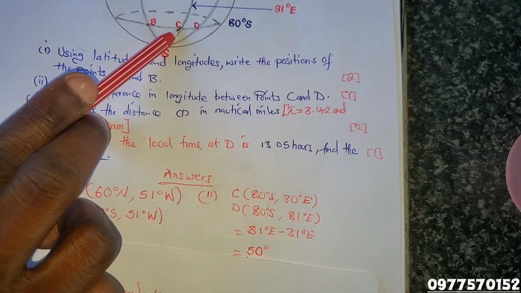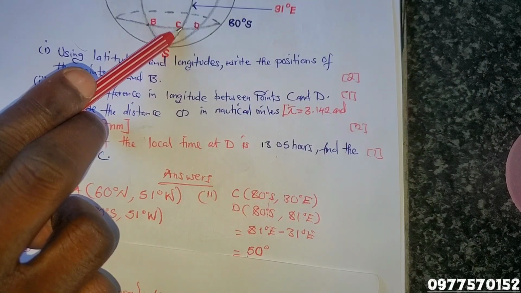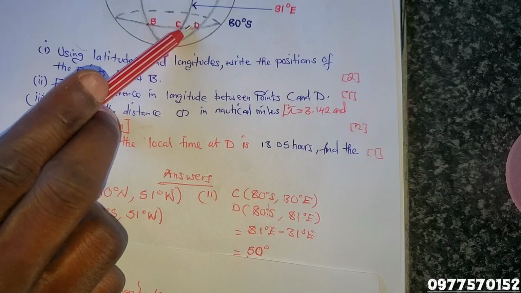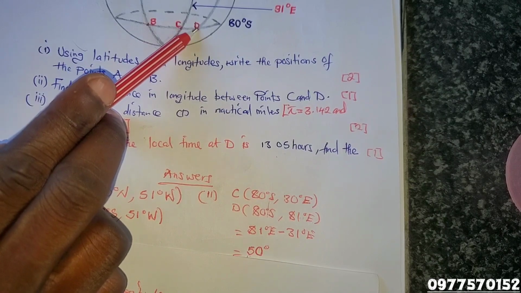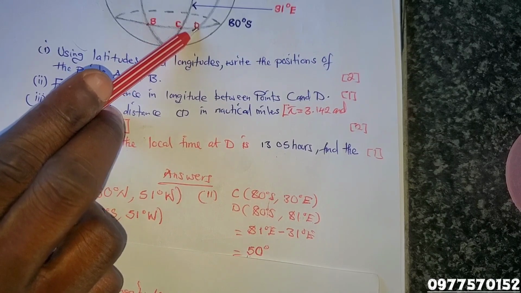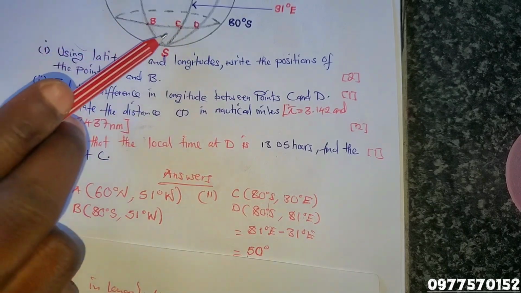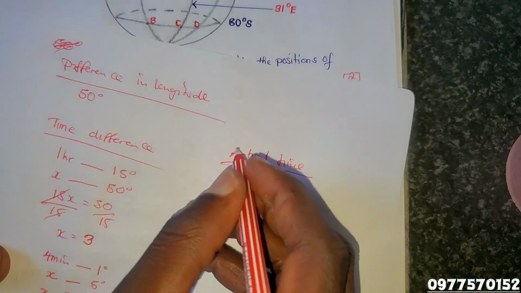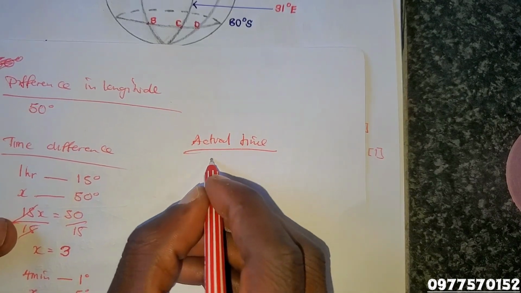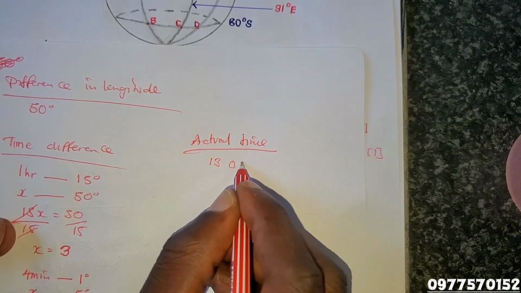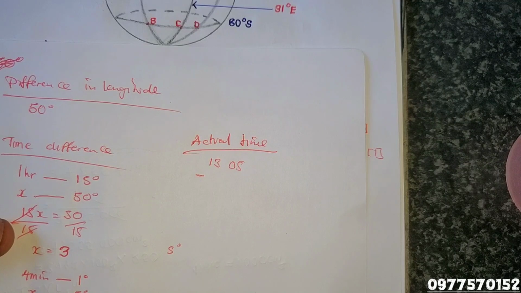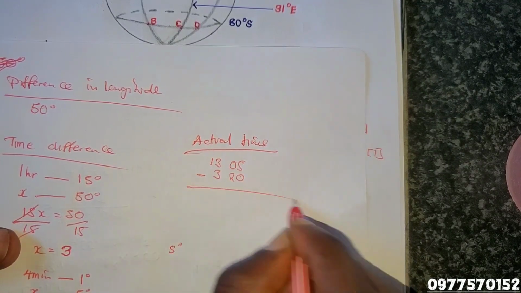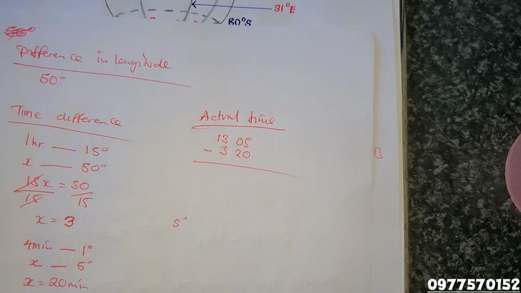Then at C, they're asking us to find the time. Since C is behind D, it's not in front, D is in front, and we are asked to find the time behind here. So what we're going to do, we're going to subtract from the actual time. So we're going to say 13:05 minus 3 hours 20 minutes.